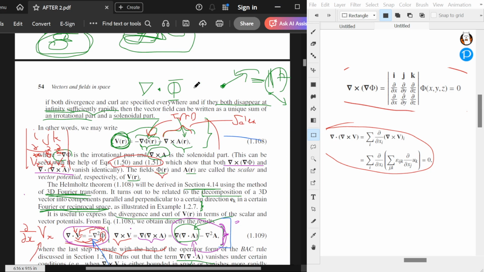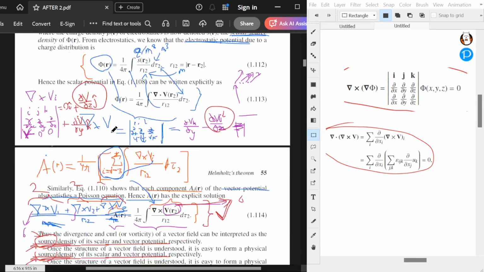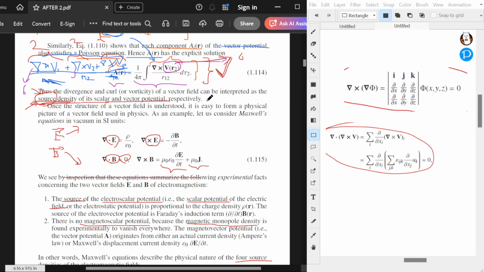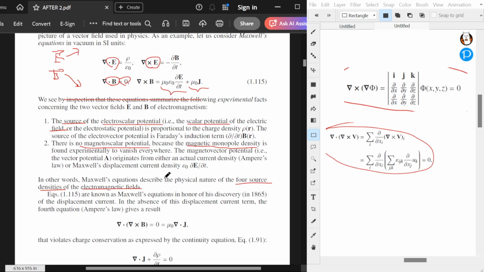The fields this and this are called the scalar and vector potentials. Source density of its scalar and vector potential. In other words, Maxwell, equation 1.15.